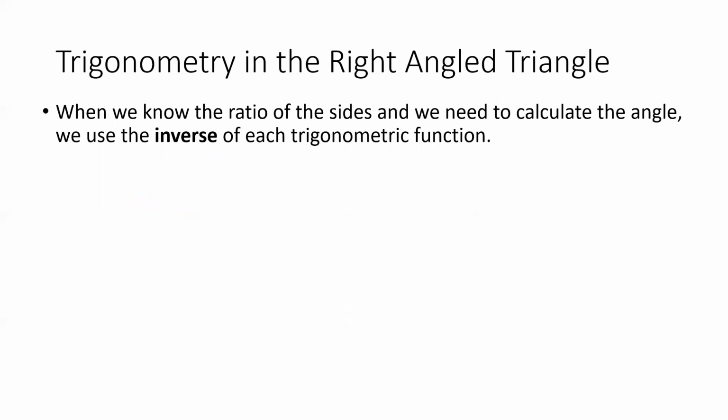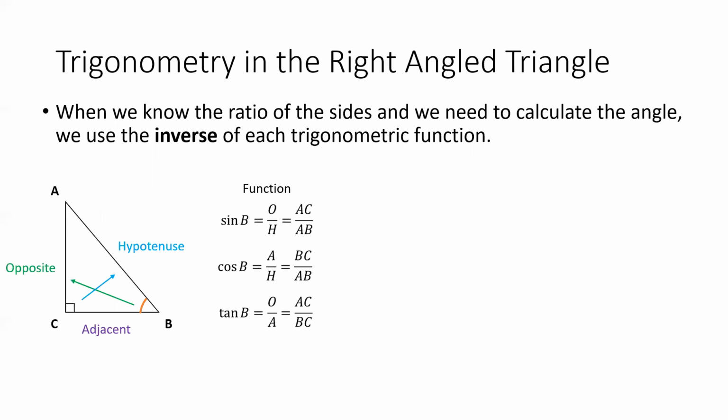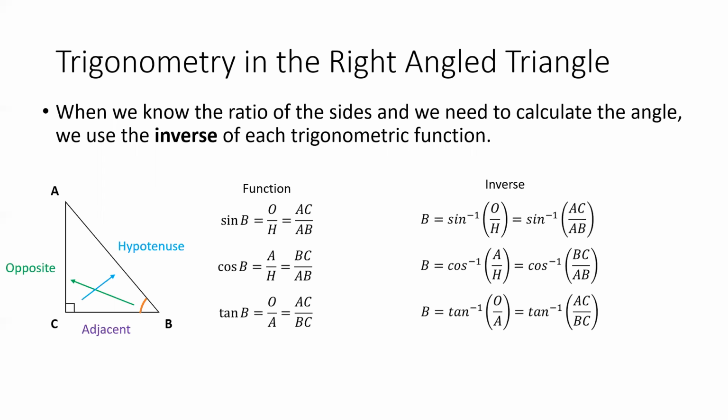In order to find out the size of an angle based on the length of the sides, we need to use the inverse of a trigonometric function. So here are all our functions that we looked at in the previous slide. However, if we were given lengths, for example, for AC and AB, and we wanted to find angle B, we need to take the inverse of what we have here. So using our calculators, we put something like this in.